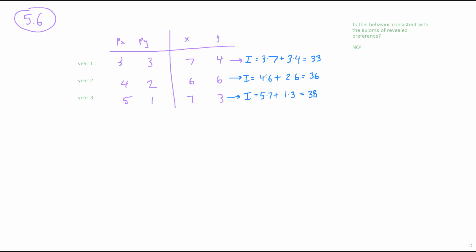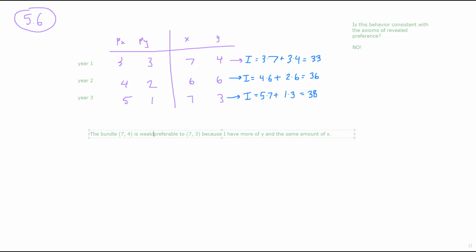Let's make a few observations. One of the observations I want to point out is the bundle 7.4 is preferable to 7.3. That should be pretty obvious, right? Why is 7.4 preferable to 7.3? Because I have more of Y and the same amount of X. Now, you might not say strictly preferable, but you could say weakly preferable, and that's allowed.